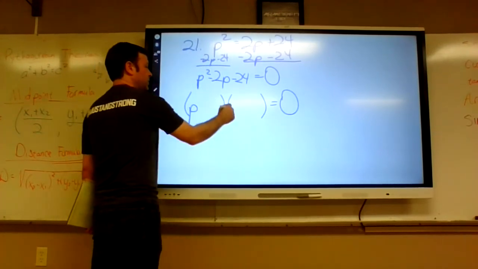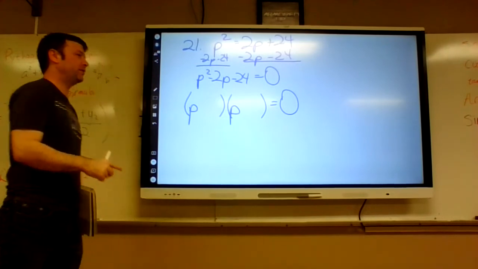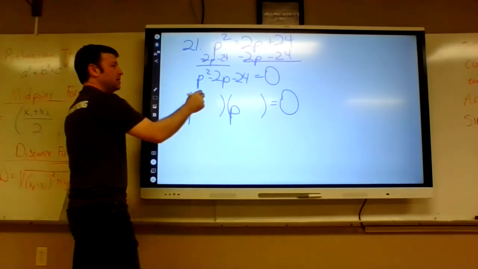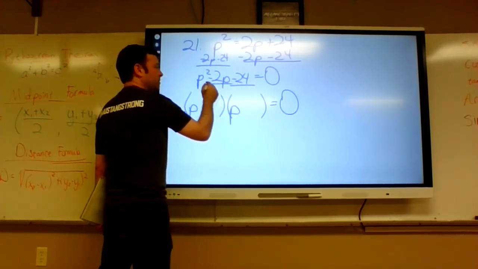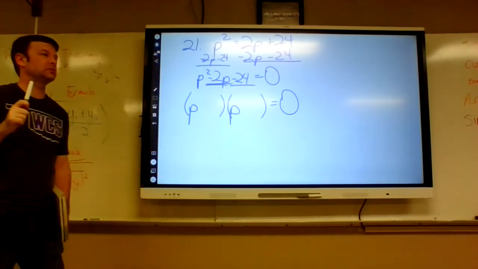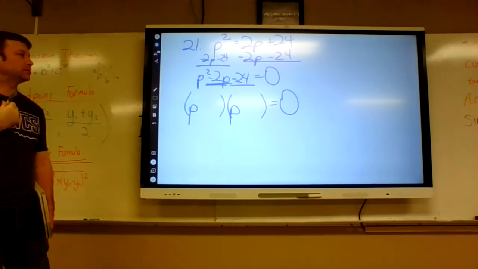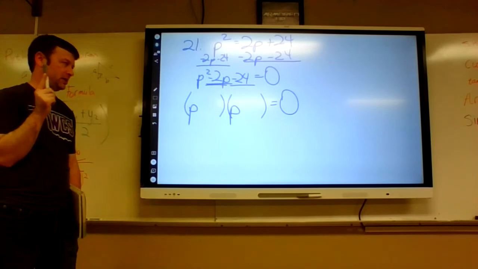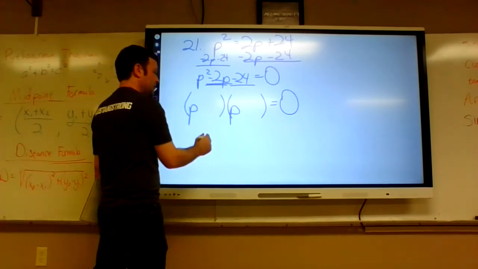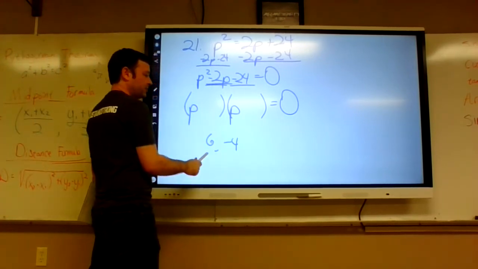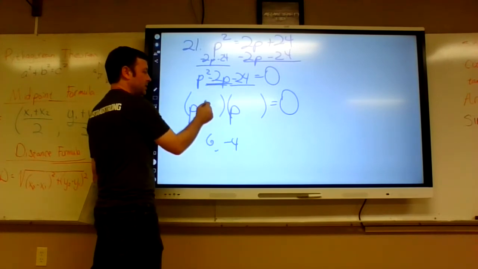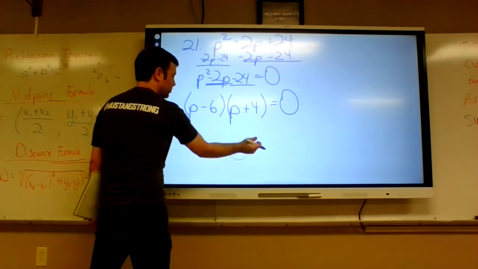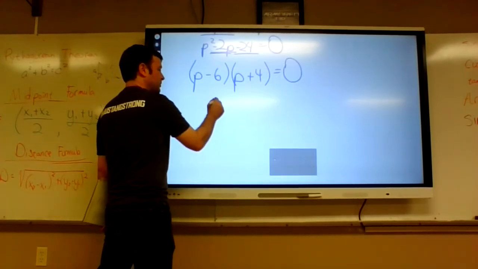So p and p, and what multiplies into negative 24 and adds up to negative 2? 6 and negative 4 would add up to 2, so we need negative 6 and 4. And then what p values would make those factors 0?